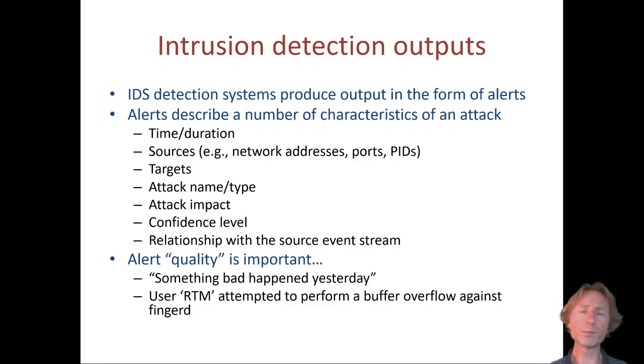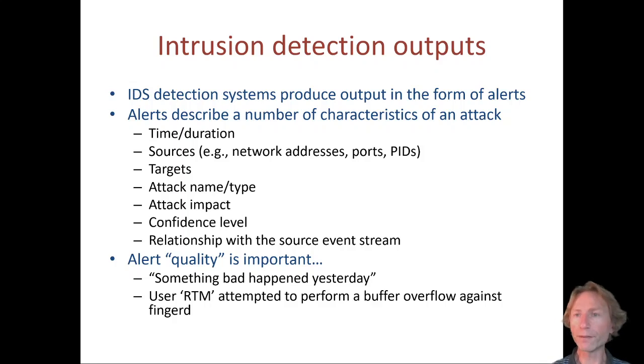Okay, so we talked about the statistics so far. Now let's also briefly visit the outputs that we get from our intrusion detection system, because it matters, right? The intrusion detection system will produce some output, some alarms, but the question is, what is the alarm? Is it simply something's wrong, or will it actually tell you more?